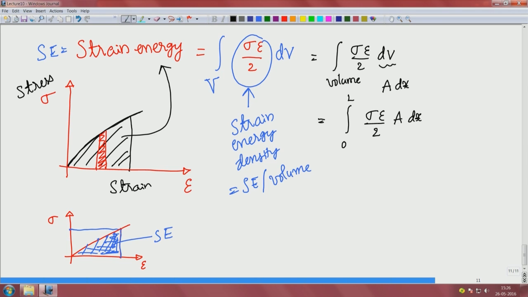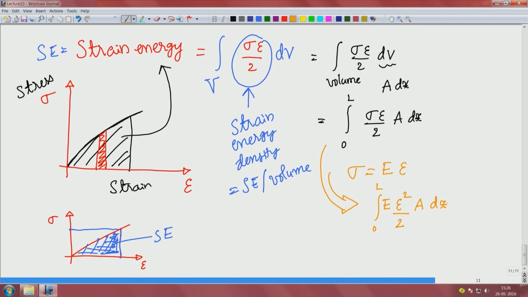If we also assume the stress strain relationship, that is sigma equal to Young's modulus times epsilon, then these two will lead us to integral 0 to L epsilon square by 2 with an E into A dx.